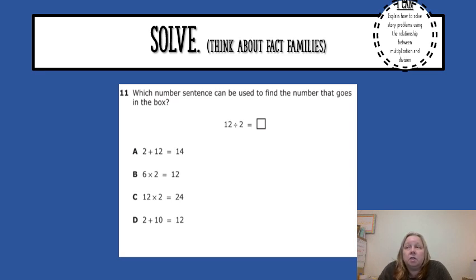All right, it says, which number sentence can be used to find the number that goes in the box? Now, I'm going to use a little bit of educated guessing here. If you could narrow down your choices to 2, the chance of you getting it right are much higher. One thing I notice is that the problem that we are looking at right here is divide.